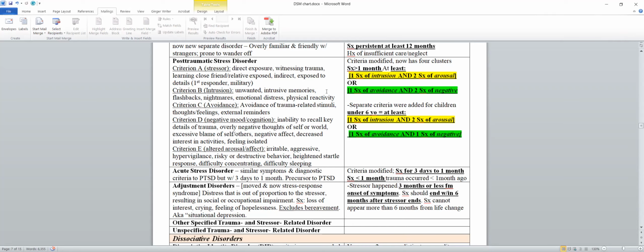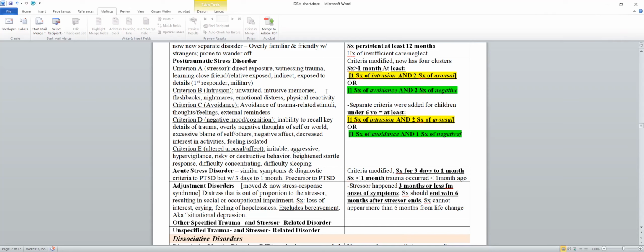Criterion D is the negative mood and cognition: inability to recall key details of trauma, overly negative thoughts of self or world, excessive blame of self and others, negative affect, decreased interest in activities, and feeling isolated. Criterion E, altered arousal: irritable, aggressive, hypervigilant, risky or destructive behavior, heightened startle response, difficulty concentrating, and difficulty sleeping.